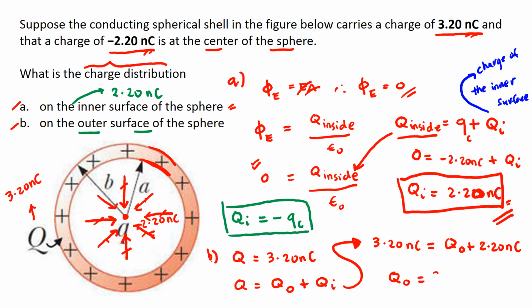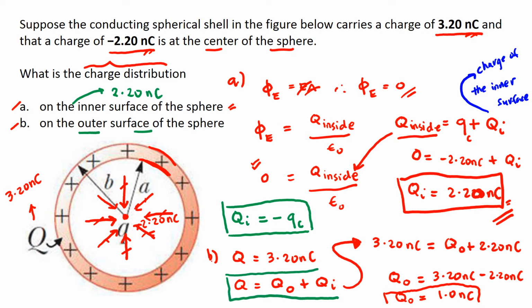That would be equal to 3.20 nanocoulomb minus 2.20 nanocoulomb. Therefore, the charge of the outer surface is equal to 1.0 nanocoulomb. And remember that the overall charge of our shell is just equal to the charge of the outer surface plus the charge of the inner surface.